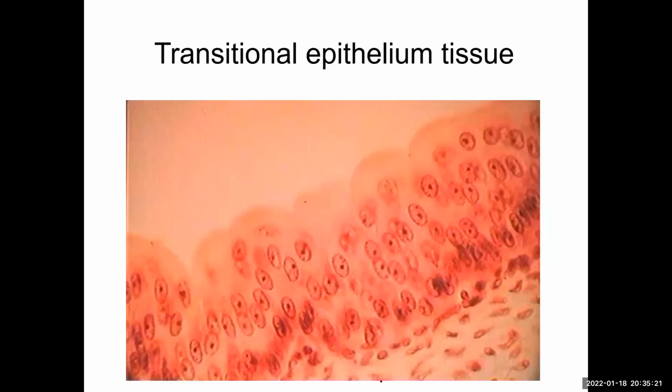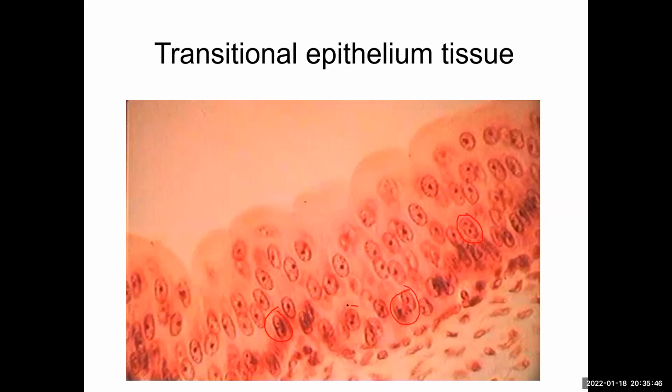And then here's our transformer epithelium, the transitional epithelium. So you can see here, we've got some cells with two nuclei. Here's one. There's a couple. Here's another one. You just got to look closely. They're all around. Here's another one.